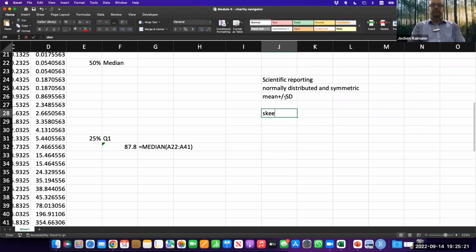For skewed, non-symmetric data, you would provide it as median, and I usually do these brackets, 25th comma or semicolon 75th percentile.